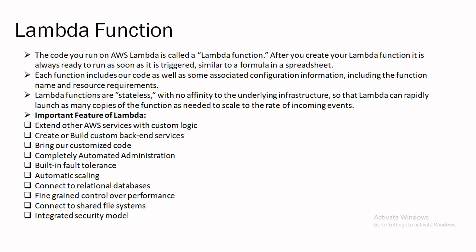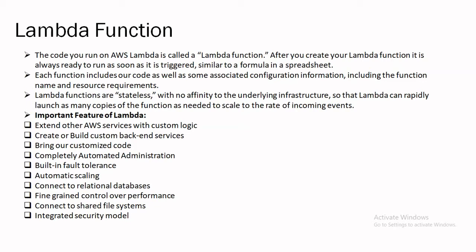After we upload our code to AWS Lambda, we can associate our functions with specific AWS resources, such as an Amazon S3 bucket, Amazon DynamoDB, Amazon Kinesis stream, or Amazon SNS notification. Then when the resource changes, Lambda will execute the function and manage the compute resources as needed in order to keep up with incoming requests.